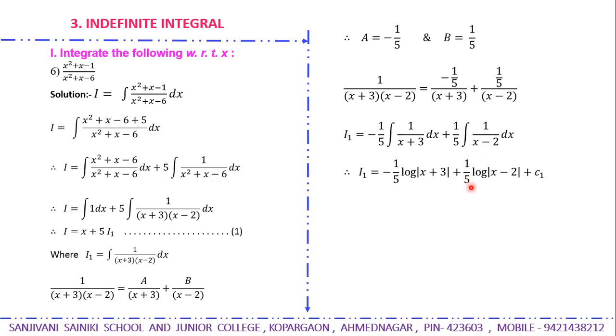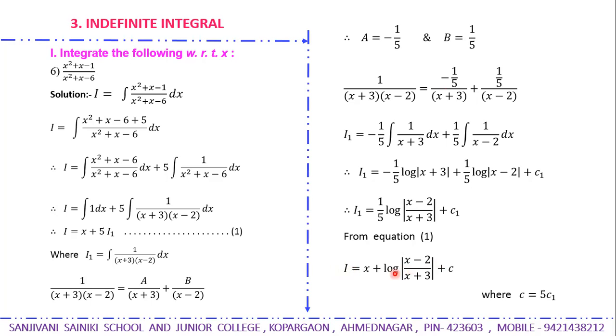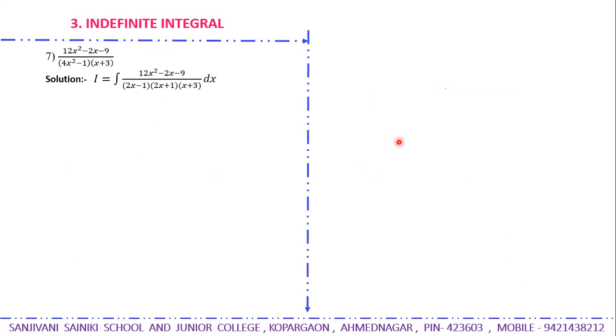We can take 1 upon 5 common and we can combine these. So I can write it as 1 upon 5 log of x minus 2 upon x plus 3 plus c1. Now we will put this I1 in equation number 1. So x plus log of x minus 2 upon x plus 3 plus c, where c is equal to 5c1.